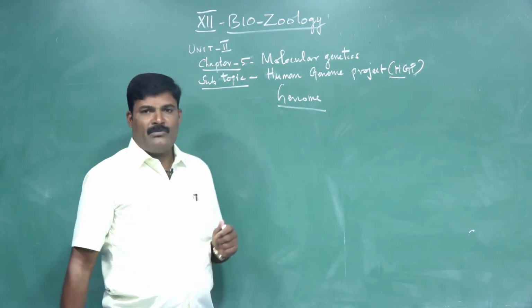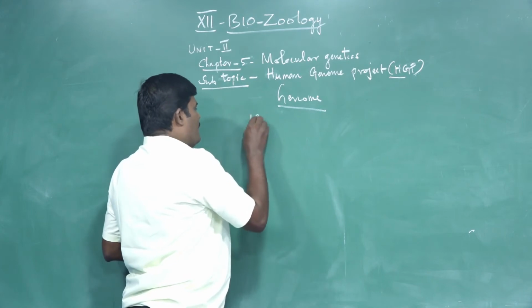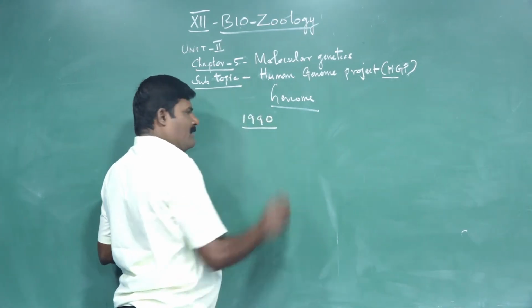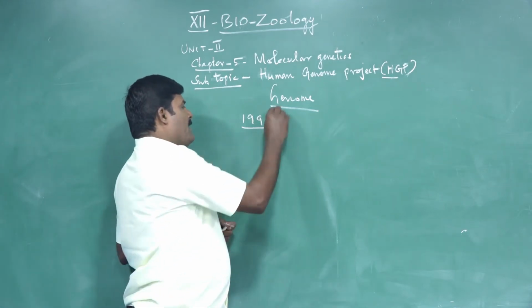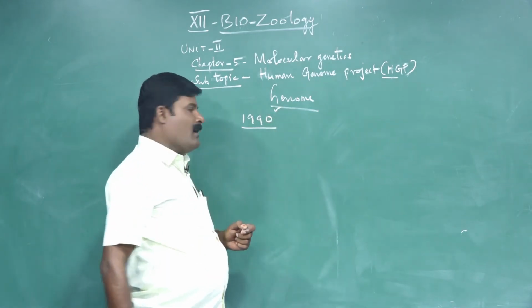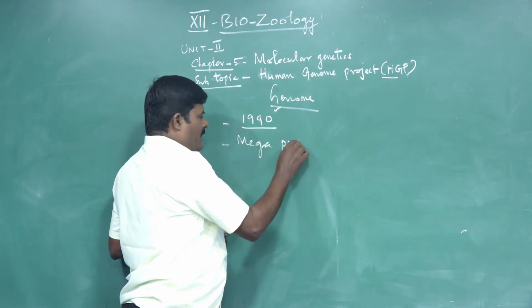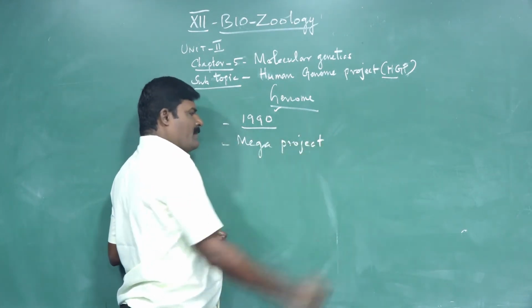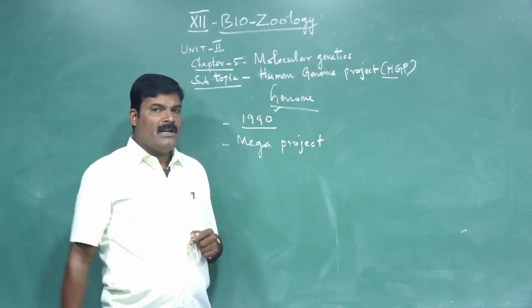The International Human Genome Project was launched in the 1990s. It was a mega project, and it took 13 years to complete.